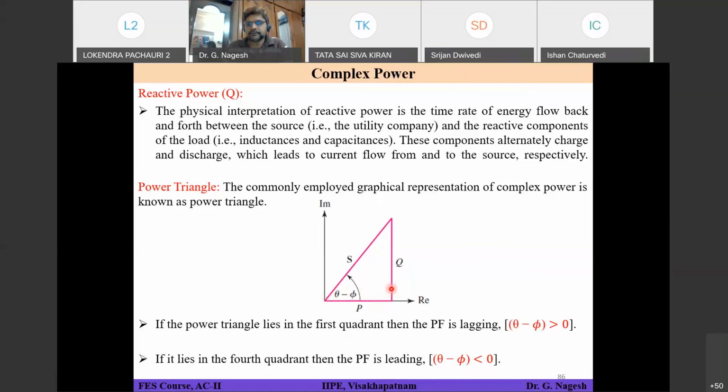That means the actual Q should be brought down. After connecting a suitable element, your net Q magnitude should be less. What can I do for that?